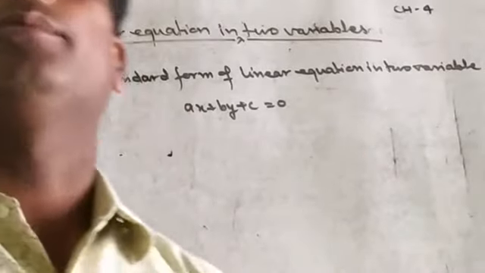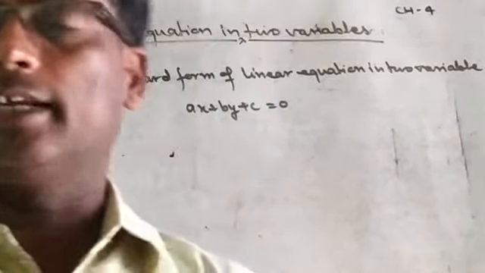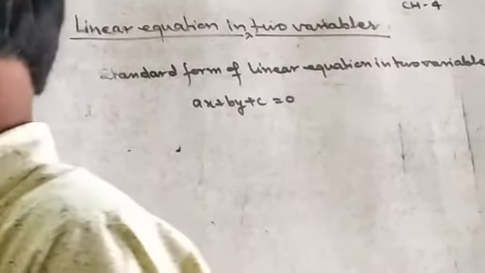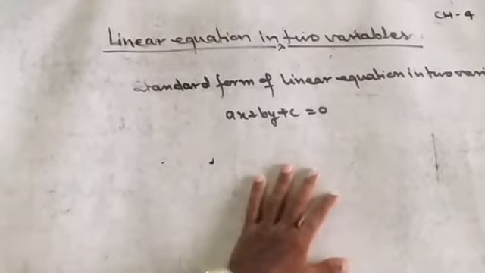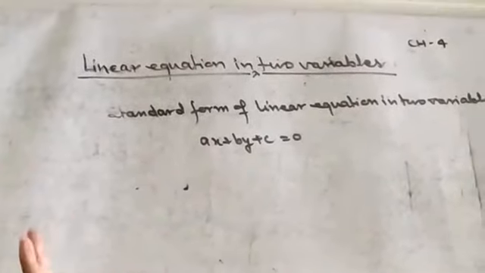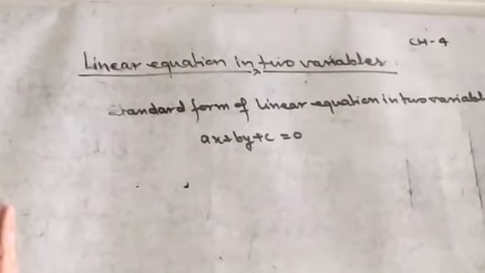And third, by graphical method we find the values or the solution of the equation, or how we can represent a linear equation on a graph. Three types of questions here, nothing more.